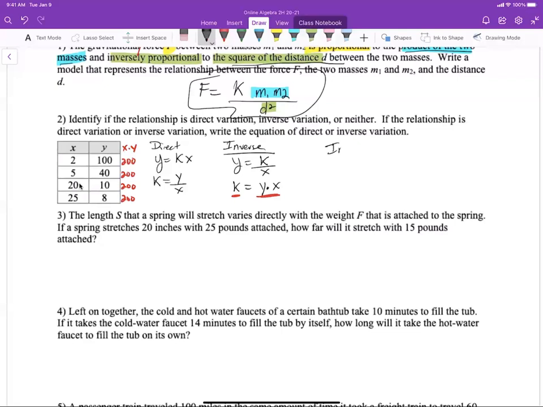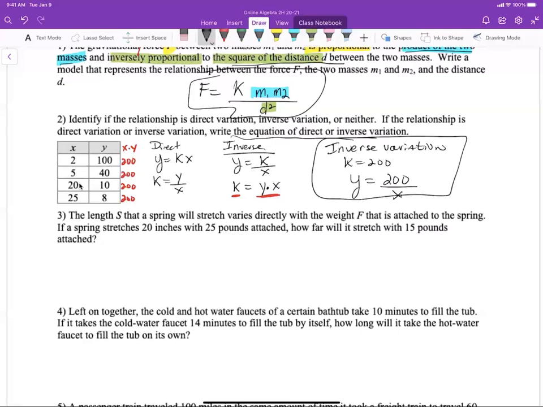This data set has an inverse variation. The K constant is 200, and write an equation. Y equals 200, that's my K constant, over x. Okay.